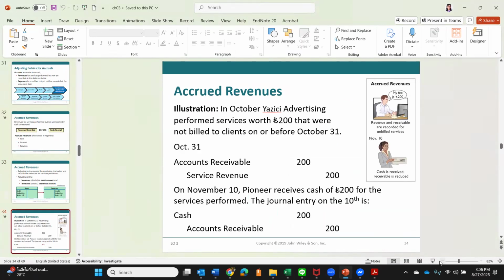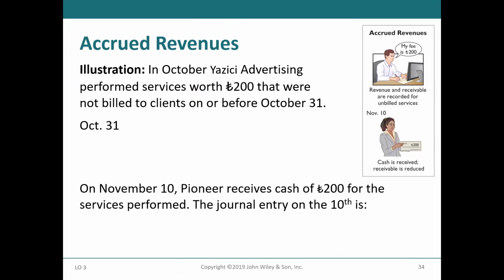Now let's look at the example. In October, Yazici Advertising performed services worth 200 that were not billed to clients on or before October 31. Remember, on October 31 we need to prepare the financial statements for Yazici. During October, Yazici Advertising already performed services of about 200, but has not billed the customer yet.